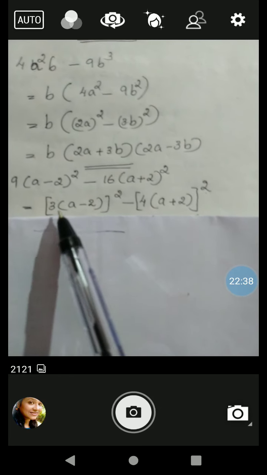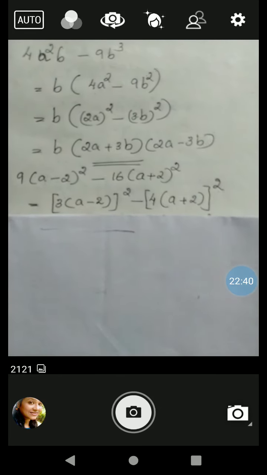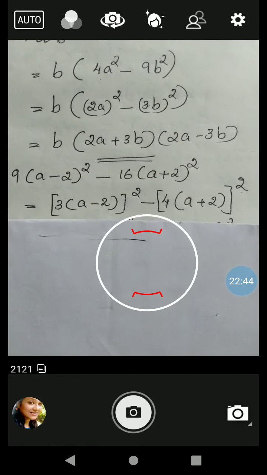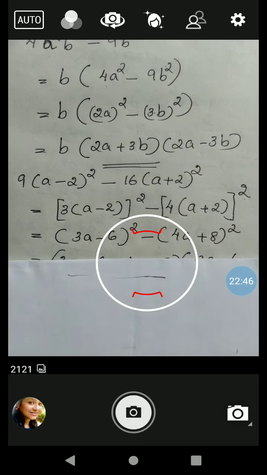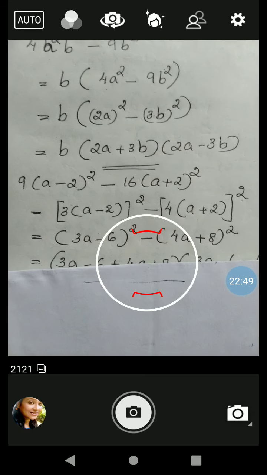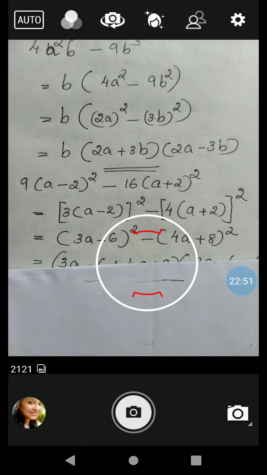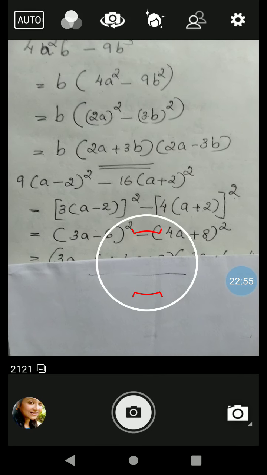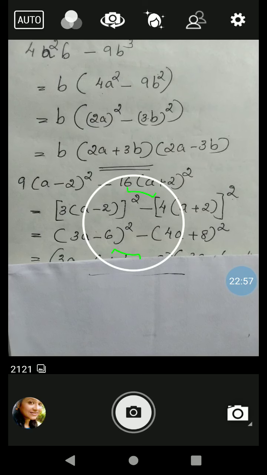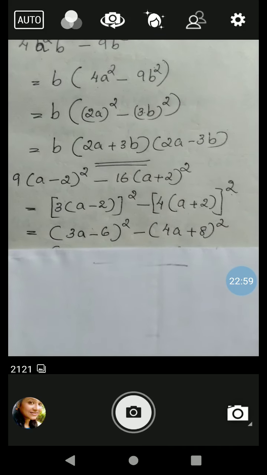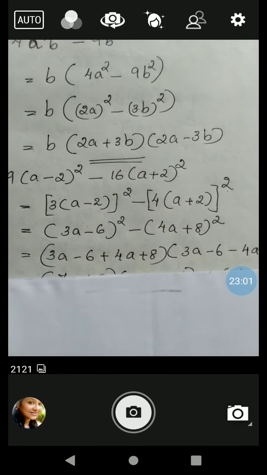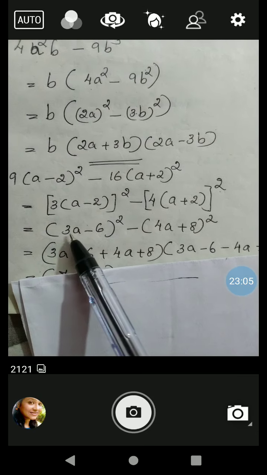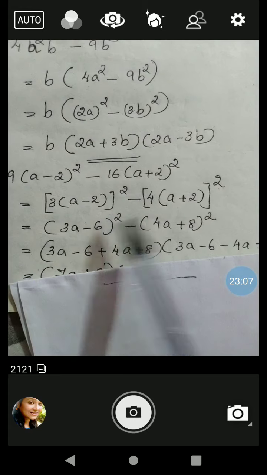As usual, open this bracket. Open that bracket. So, you will get 3a minus 3 into 2, 6. Okay. (3a minus 6) the whole square minus (4a plus 8) the whole square. Now, apply a plus b into a minus b. You can see this is a plus b.